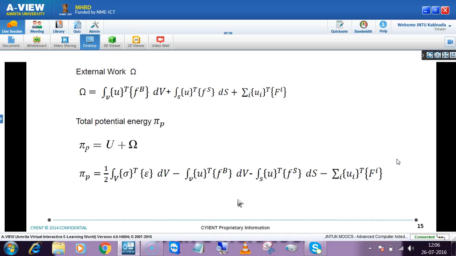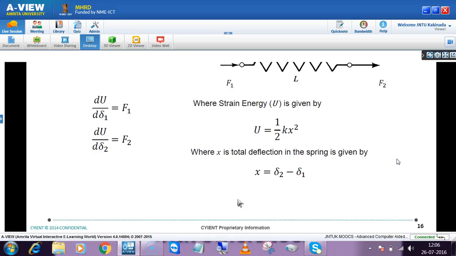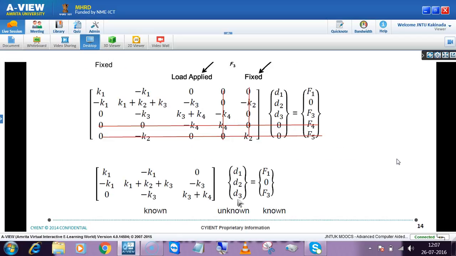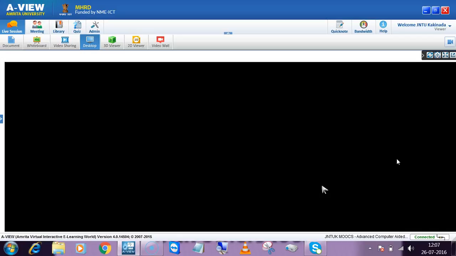Similarly, we will discuss the 3D problem for minimum potential energy in the next session. Before that, I advise you to look into these aspects in various textbooks and try to understand all these basics. Any questions, just let me know for today's session.